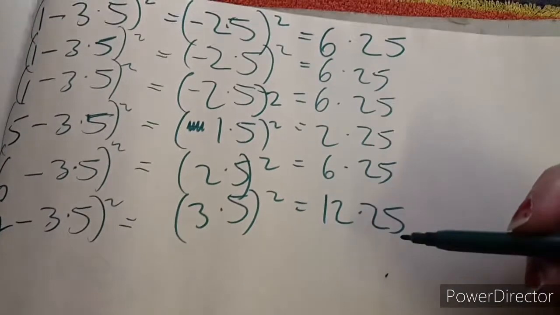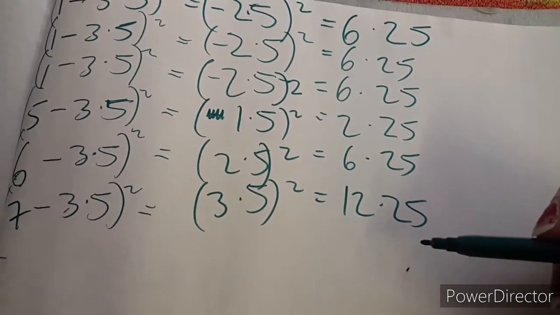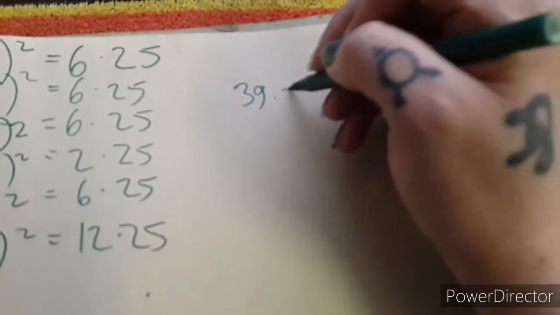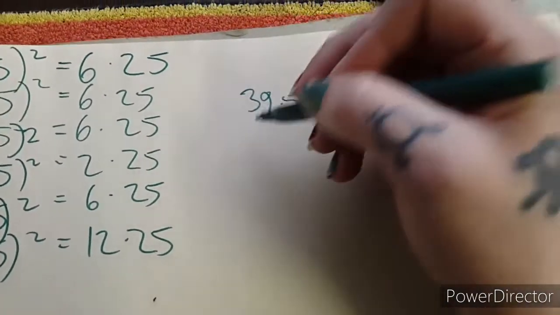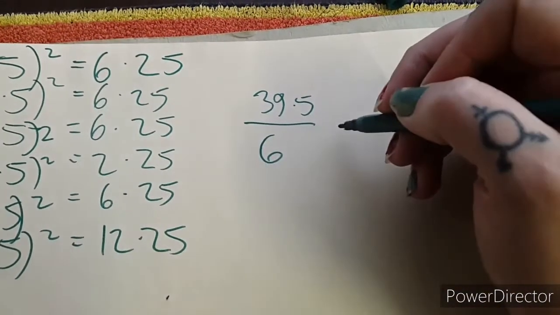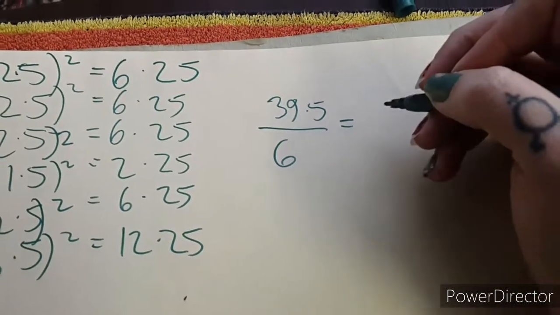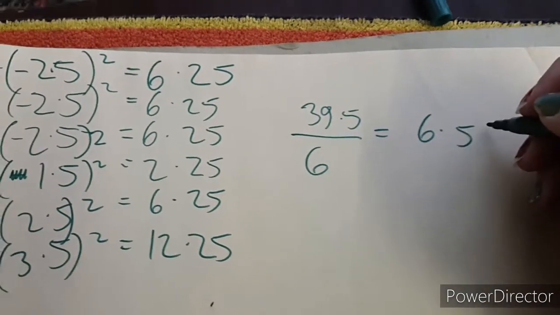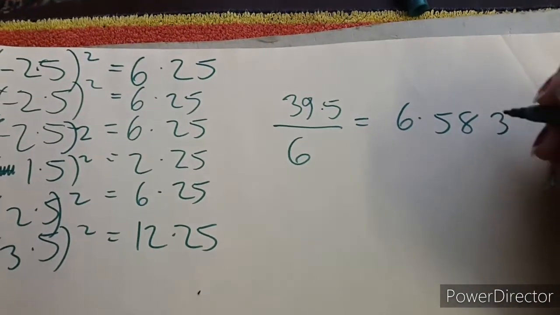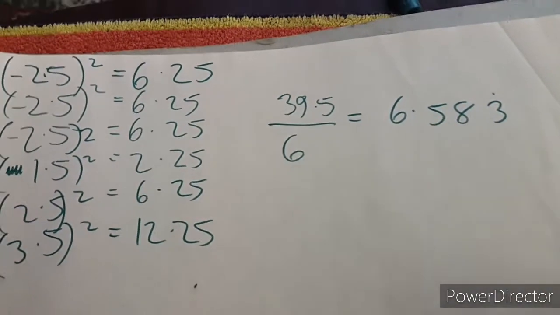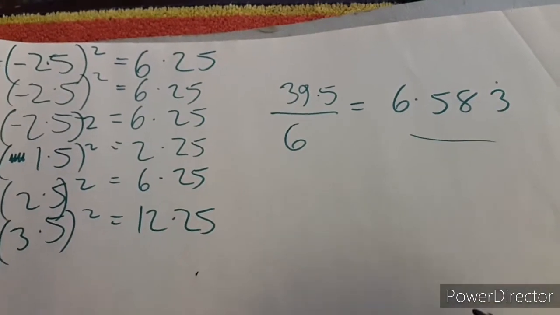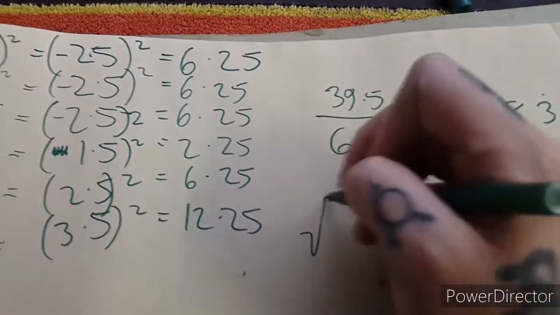We'll add these all up together, which gives us 39.5. Divide that by 6, we get the mean of that is 6.58333 recurring. So here we have our variance number. Now we just got to square root that.